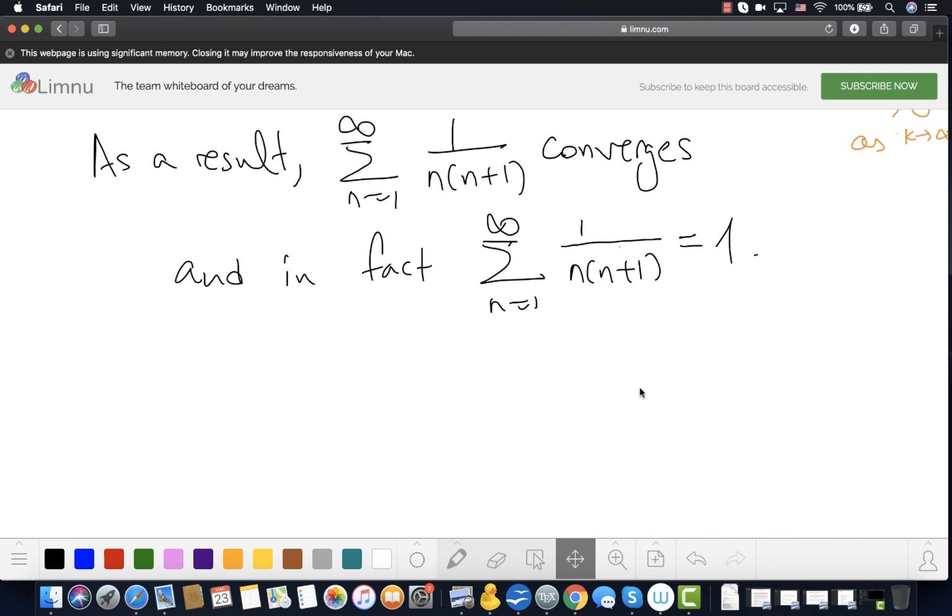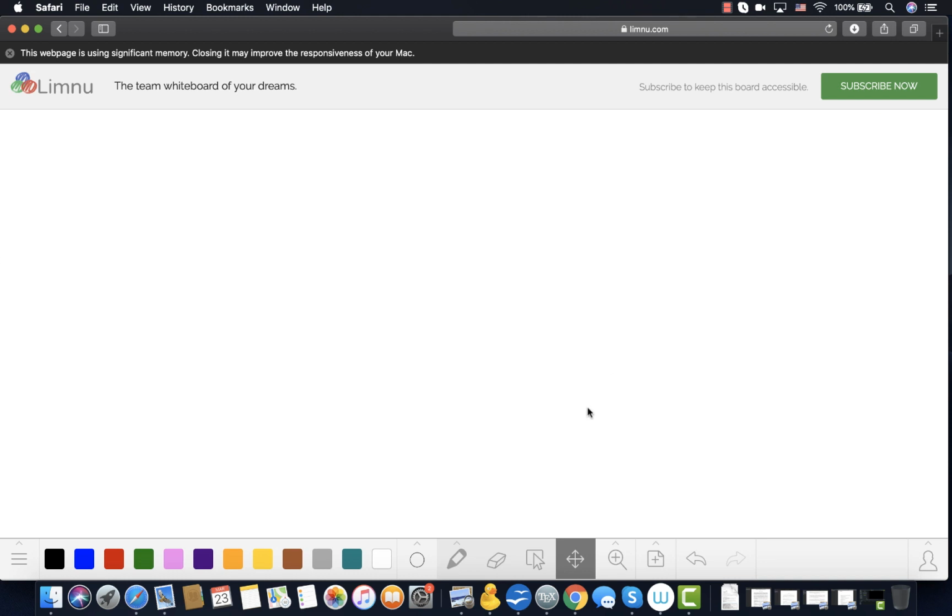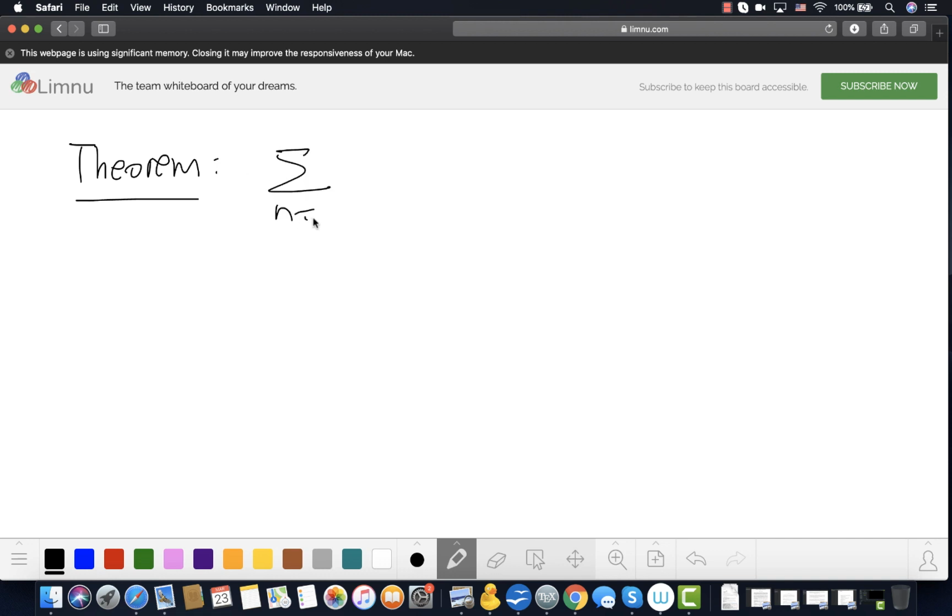And so now we're in a position to actually prove what I claimed earlier, a theorem, which is that the infinite series, n goes from 1 to infinity, of 1 over n squared converges.